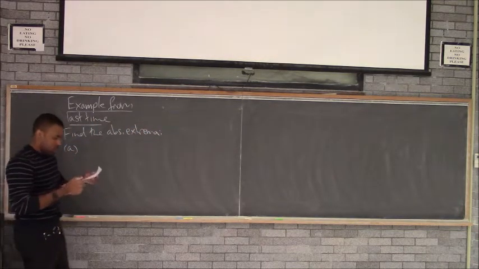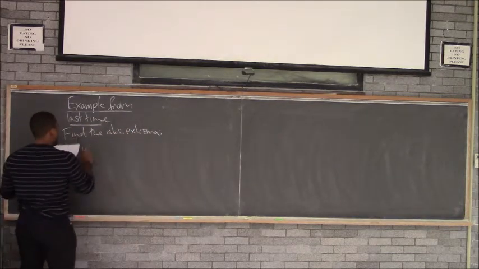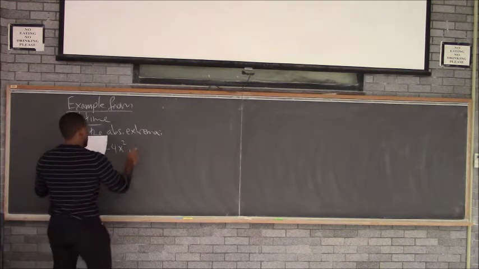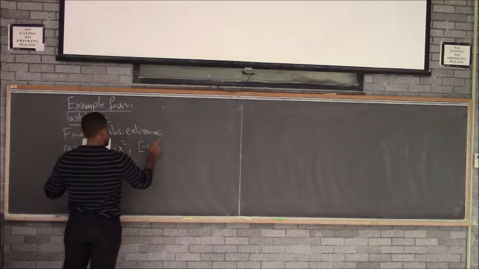I'll give you two functions where I wanted you to find the absolute extrema. So one was y equals x to the fourth minus 4x squared on the interval minus 1 to 3.